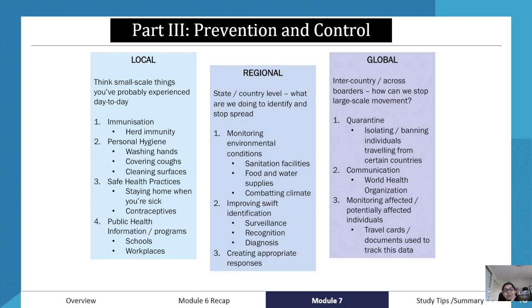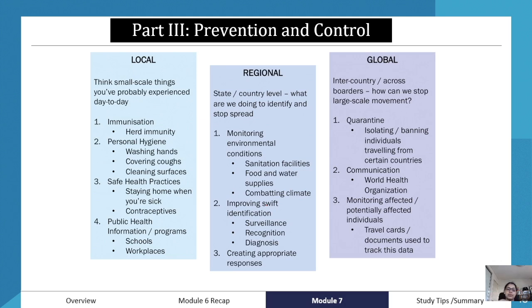So there's monitoring environmental conditions, improving swift identification, so surveillance, recognition, and diagnosis. This again we saw with COVID-19. There were test areas set up everywhere, and specific areas were being surveyed.